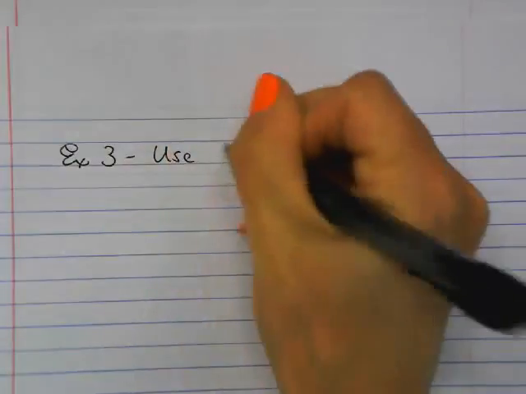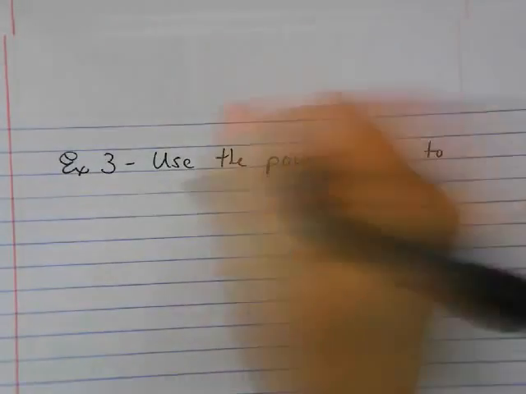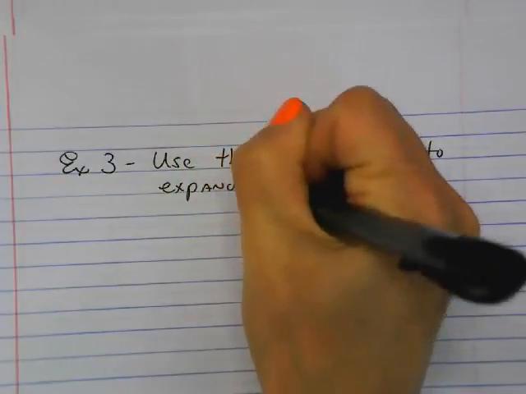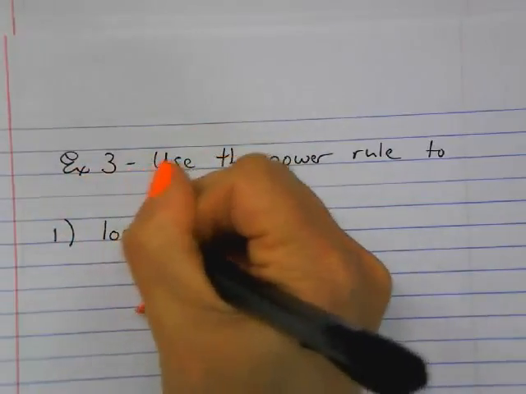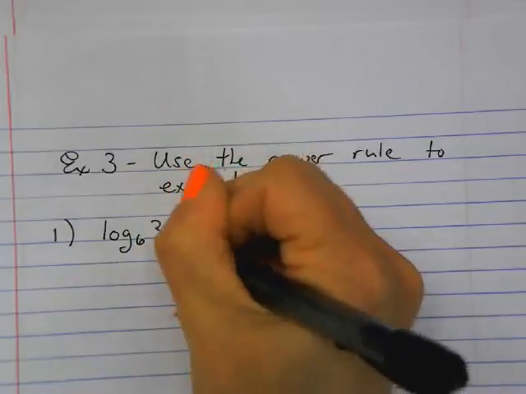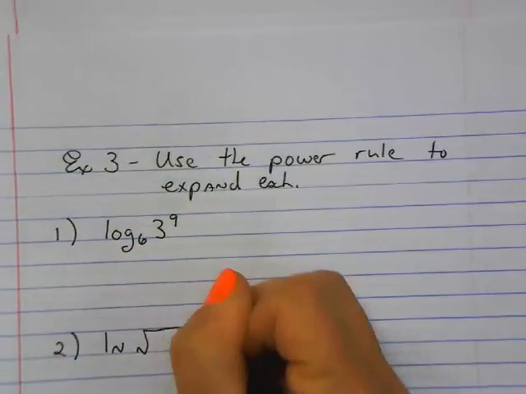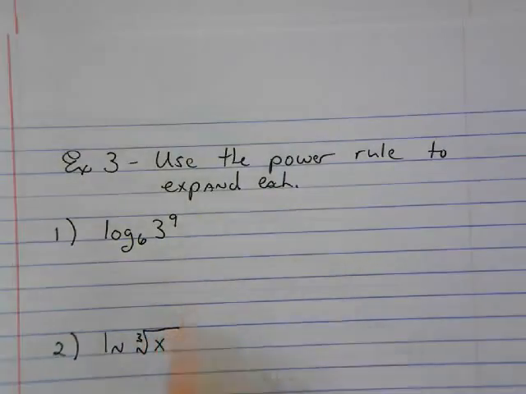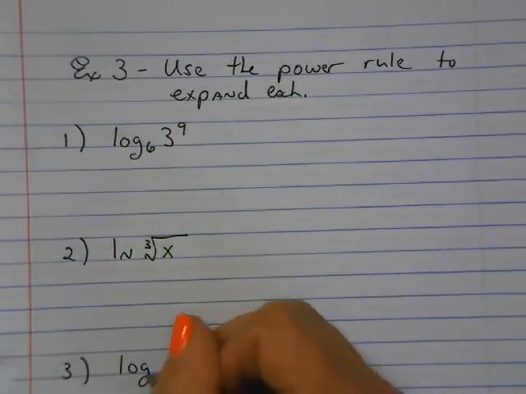Alright, example 3. Use the power rule to expand. What if I have log base 6 of 3 to the 9th, natural log, a little bit tricky, of the cubed root of x, the log of x plus 4 squared.